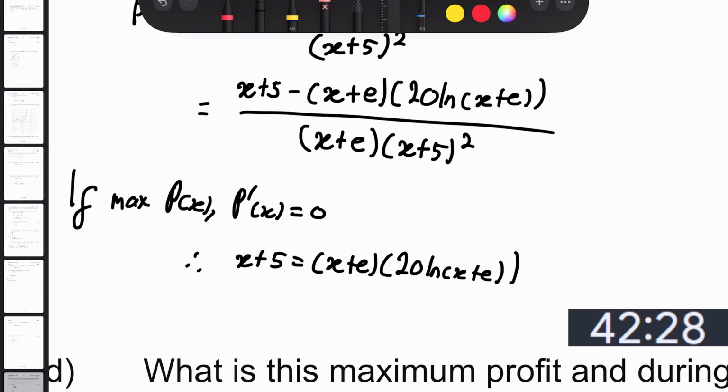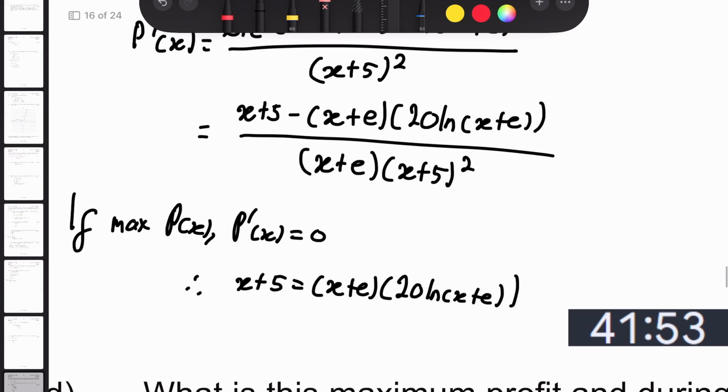Okay. Let's see, if I differentiate u, what do I get? A whole lot of garbage, but there's an x plus e and an x plus 5 in the bottom. X minus 20 times e, minus 20, is x minus 5.